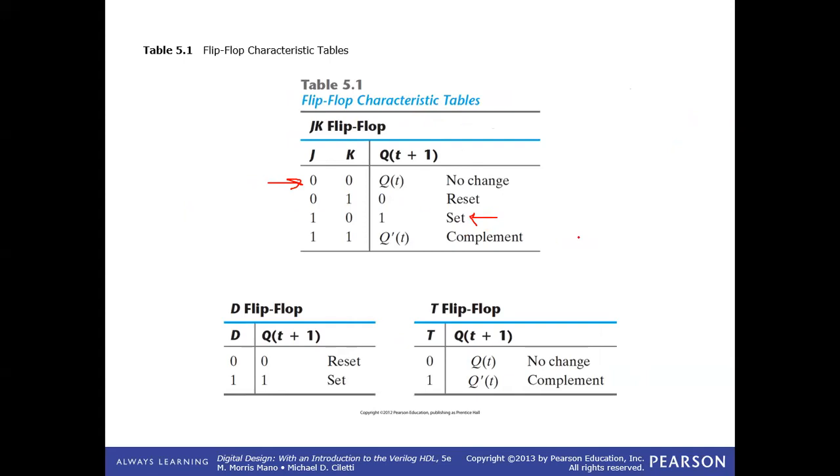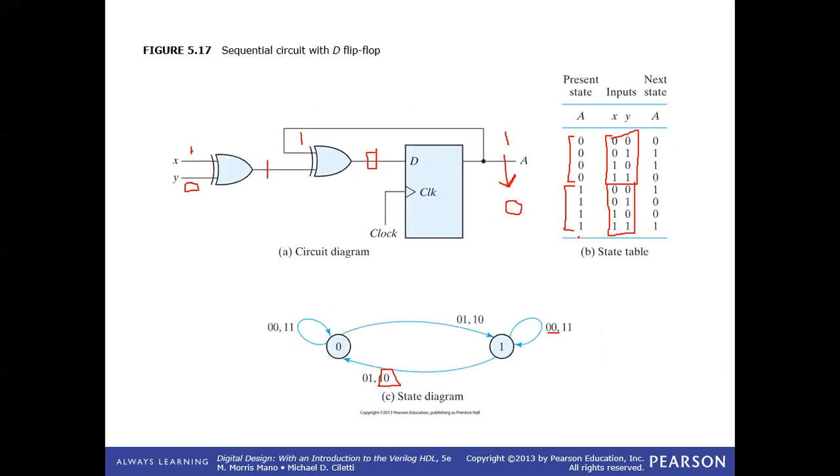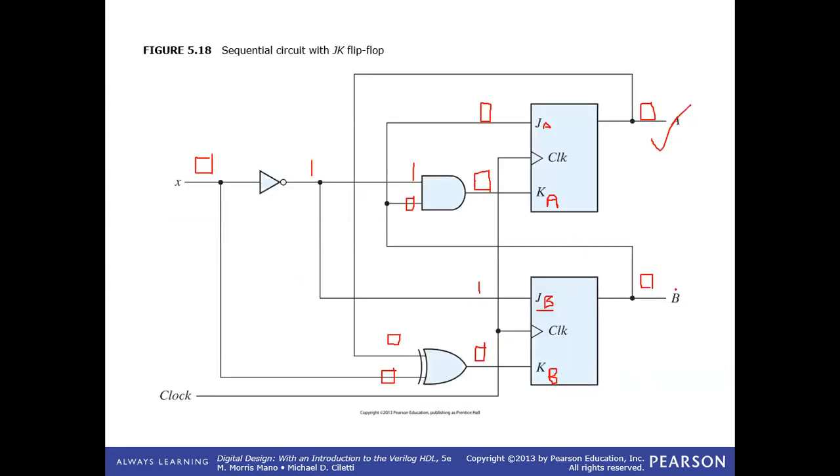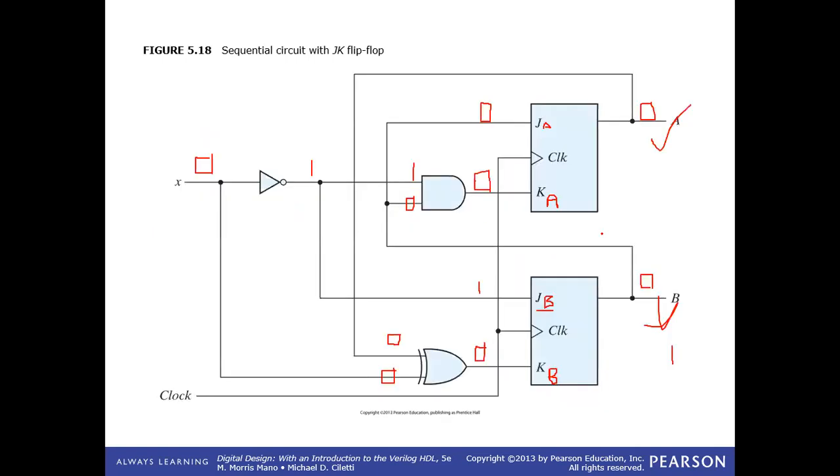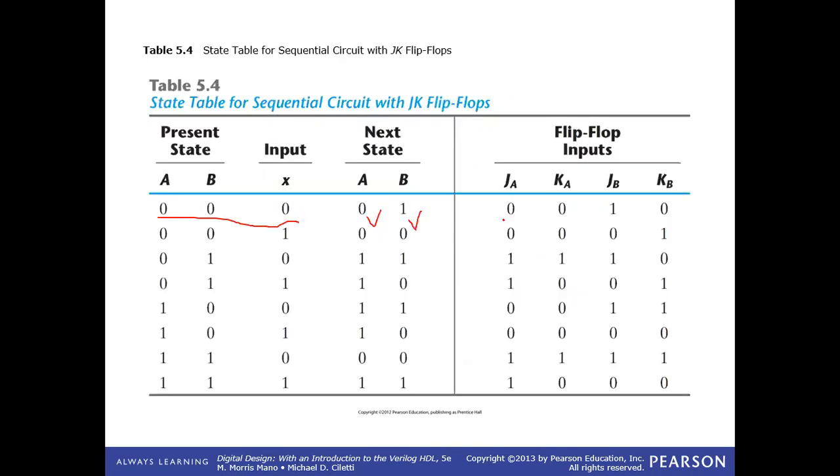So we are going to have B equal to 1 in the next state. So A is equal to 0 and B is equal to 1 in the next state. What were the inputs of our JAKA 0, 0 and JBKB 1, 0? So this is 0, 0 and JBKB 1, 0.